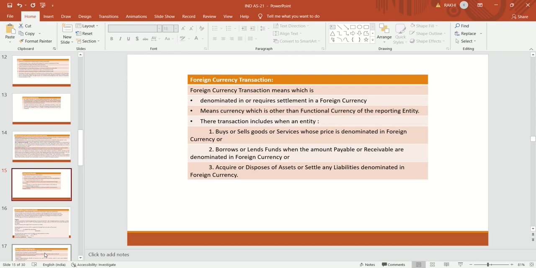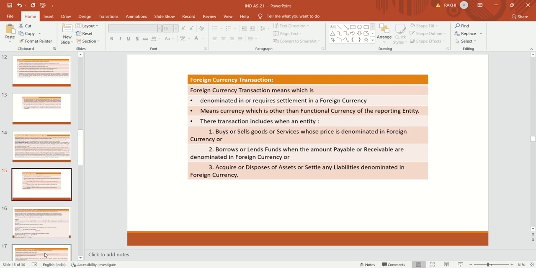These transactions include when an entity buys anything from a foreign market and invoices are raised in USD, then the Indian based company has to pay for that in foreign currency. If the company sells goods, then it receives consideration in foreign currency. So buying or selling goods and services whose price is denominated in foreign currency.